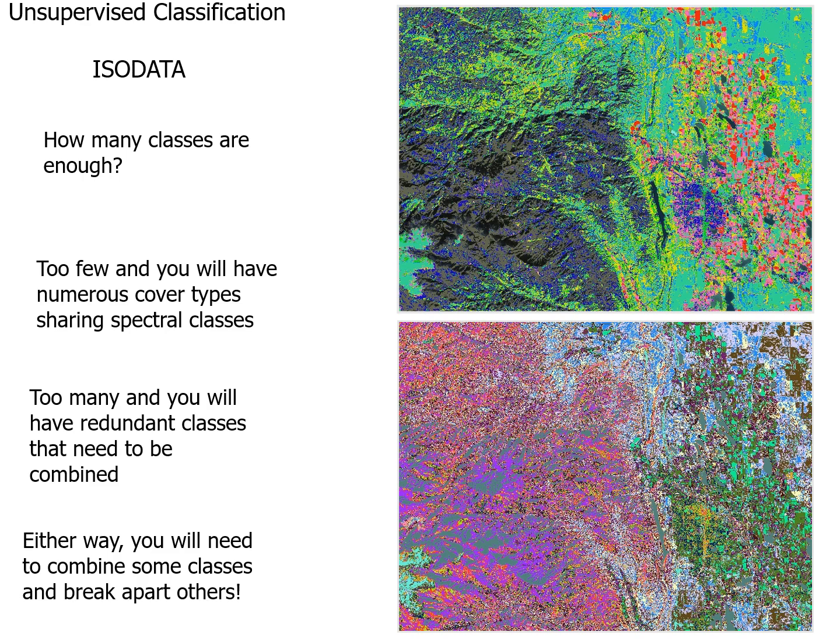Clearly, the number of classes I used for this little example weren't enough because the water did not come up as a distinct class. It's actually, in these kinds of cases, very difficult to get water to come up as a distinct class. But, if you have too few, and we probably have too few here, you're going to have numerous cover types, real cover types in the real world that are going to share a particular spectral class.